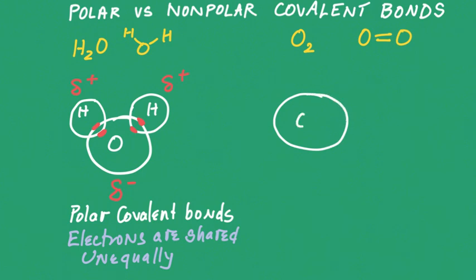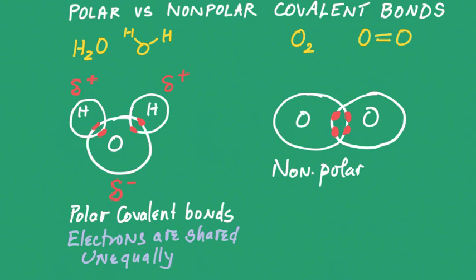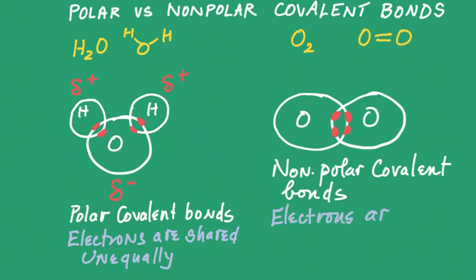We just saw a double bond between oxygen atoms, and here both oxygen atoms are equal in size and they share the electrons equally. In non-polar covalent bonds, there is no charge in the opposite ends of the molecule and the electrons are shared equally. It's because the electrons are shared equally that you don't have the charges in the different parts of the molecule.